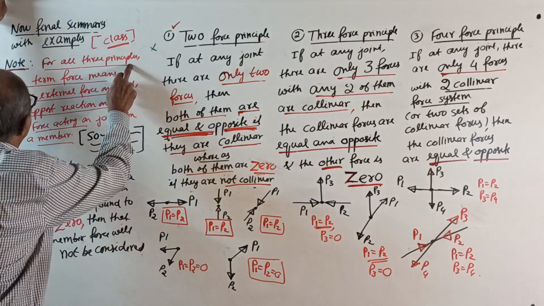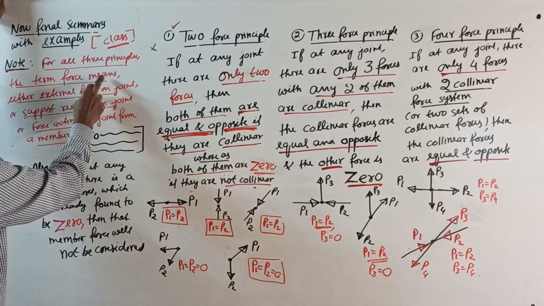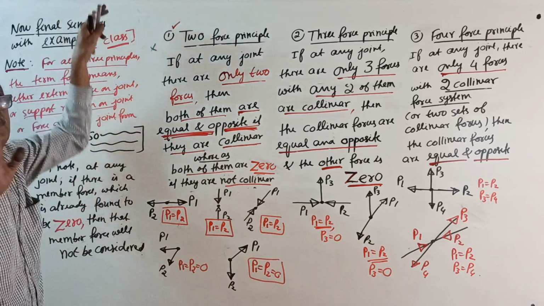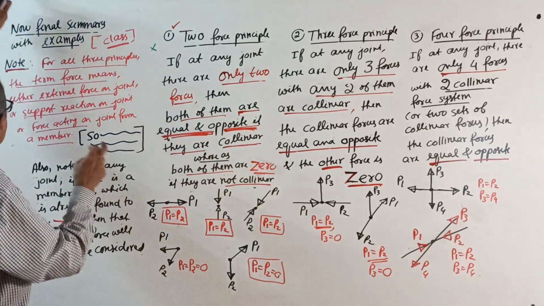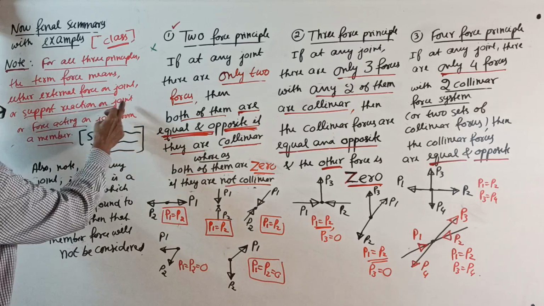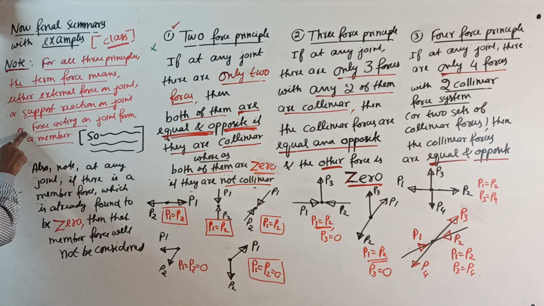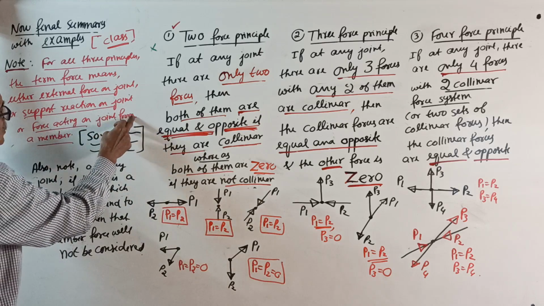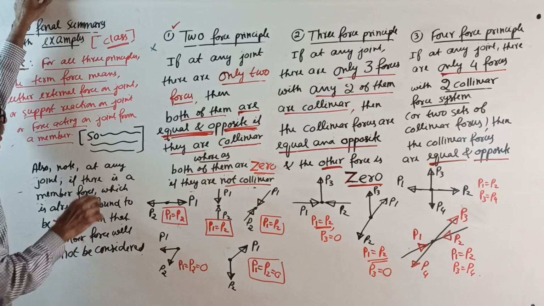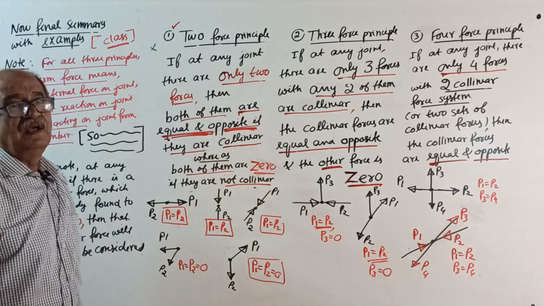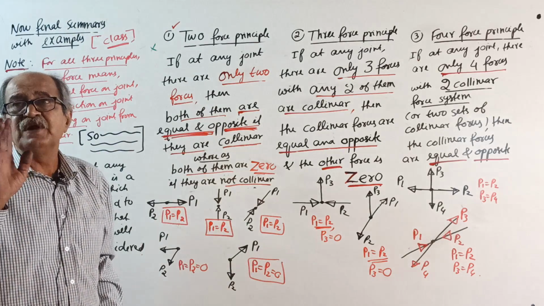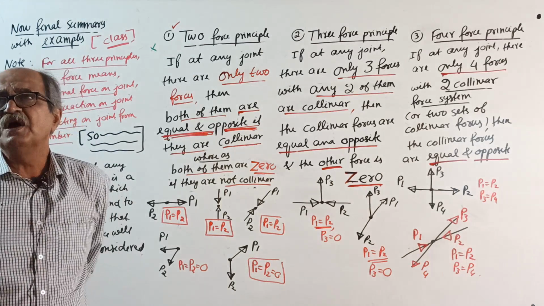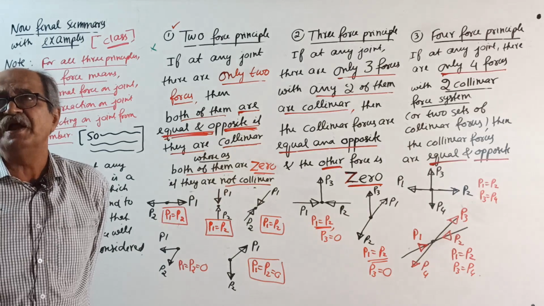For all 3 principles, the term force means either an external force on the joint, or a support reaction on that joint, or a force acting on the joint from a member. That is, write the sketch you draw when you consider equilibrium of the joint.